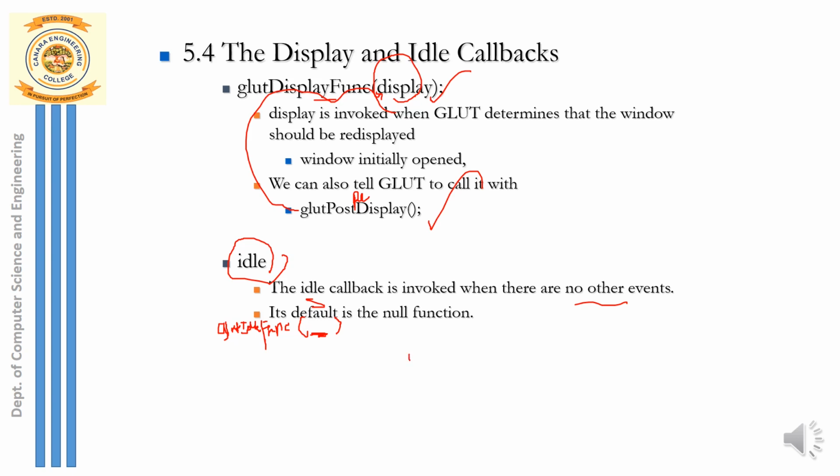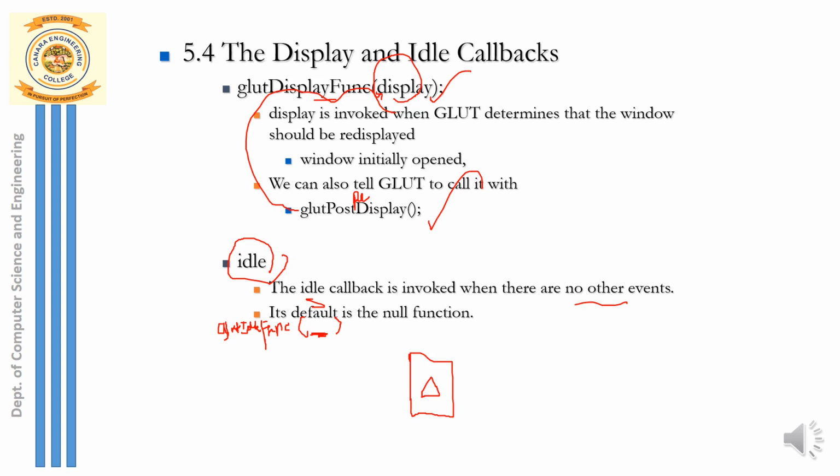For example, I am displaying on the screen say one triangle, okay? The moment I execute my program, my display window is drawn on the screen, and inside it a triangle is going to appear. Let me write a program for a triangle to spin here.